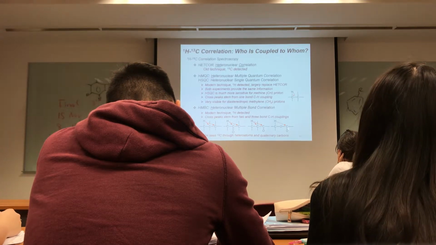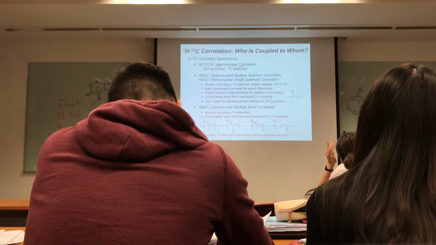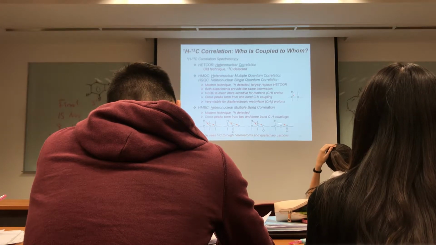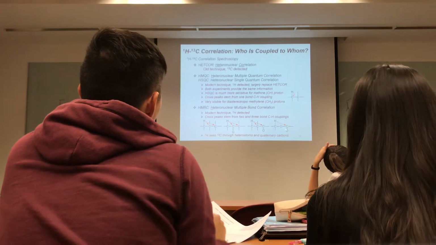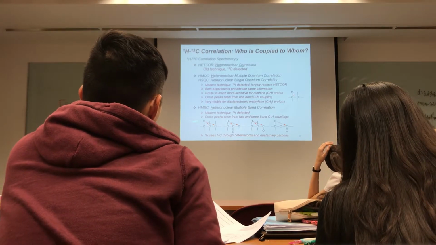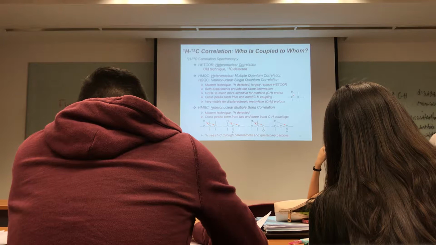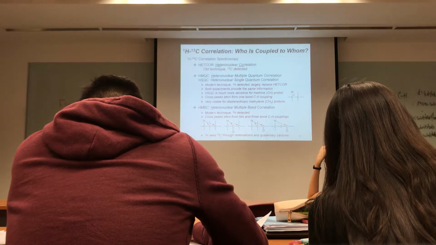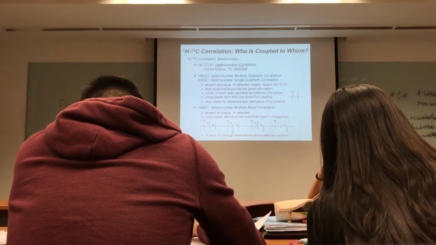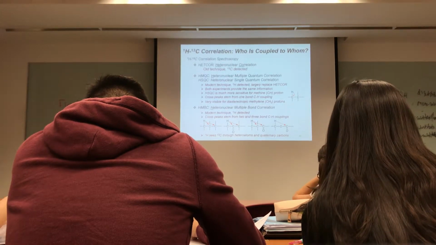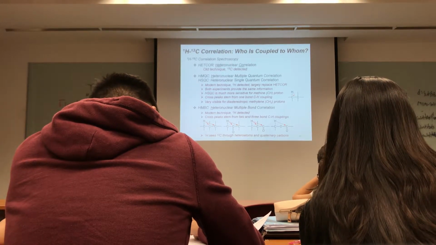Even if there are heteroatoms, they just count the bond. They don't count heteroatoms. In that case, this proton can also see this carbonyl, right? This is HMBC. They show 2-bond and 3-bond. Because once you see, you can see further, you can find more connectivity.